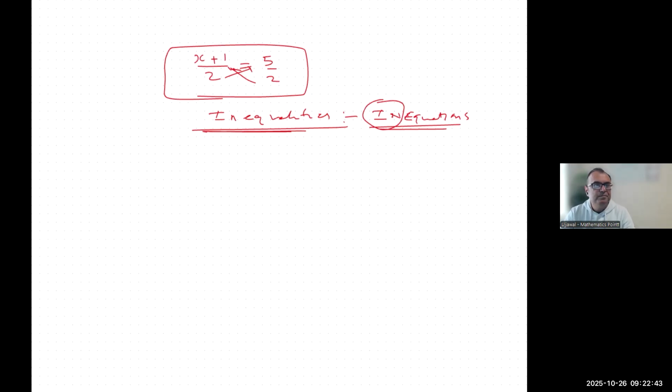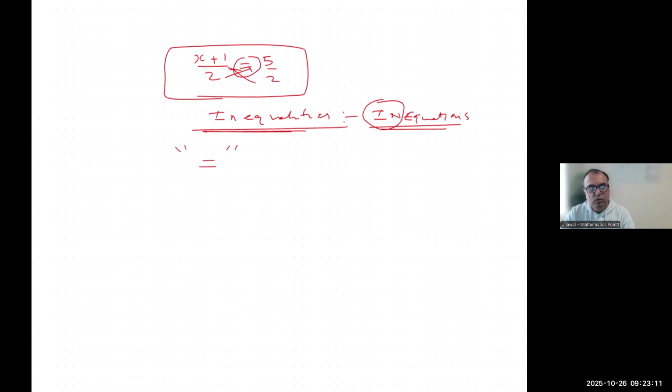Inequations, right? Now, so far in our linear equations, what we've done is that we had an equal to sign here. Now stop doing stuff on chat and concentrate here. All the stuff that we've done so far had an equal to sign in it.